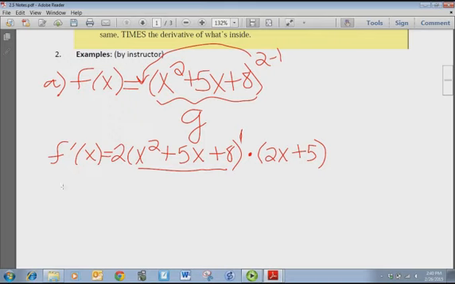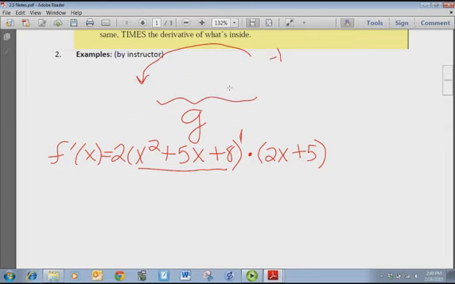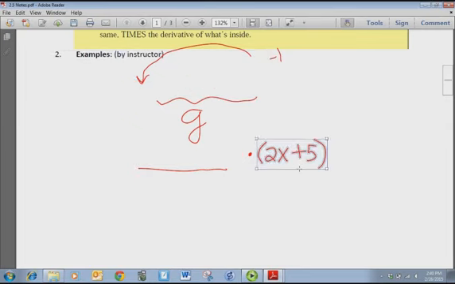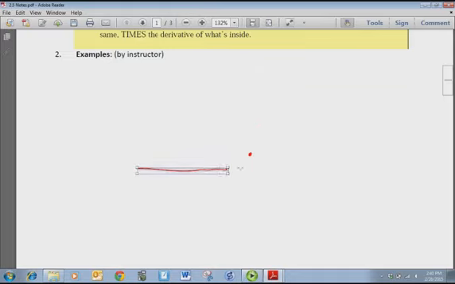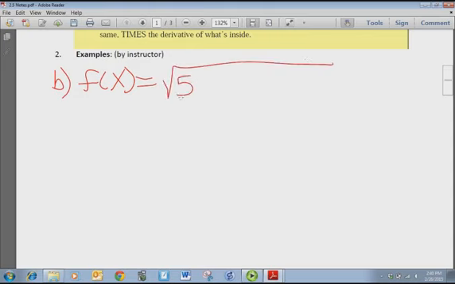Alright, let's look at another example. So I'm going to get rid of this. B: f of x is equal to the square root of 5x squared plus 5x plus 8.